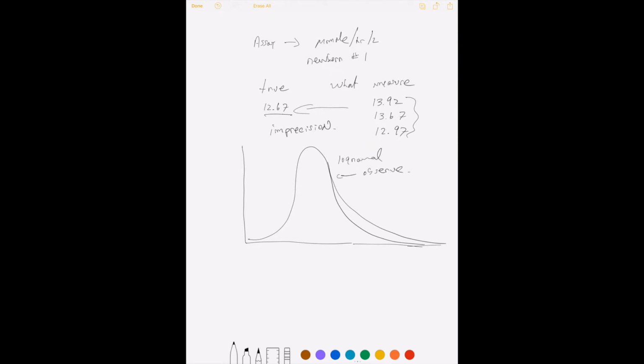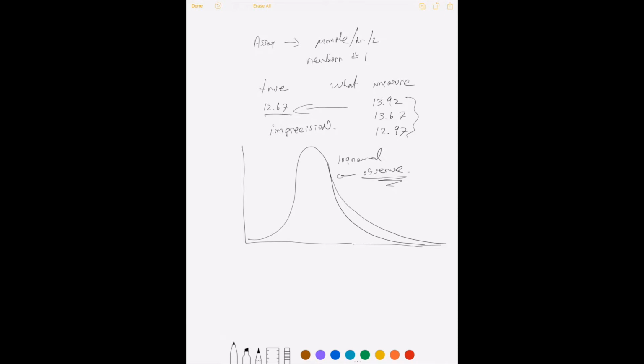And really, this is kind of a blend of the true values of the enzyme activity in the blood spot, blended somehow with the imprecision, okay? So in other words, maybe the true value of the enzyme activity in the blood spot is 12, but we measure 12.6 because of the imprecision. And when we measure 12.6, that's part of our observed distribution.